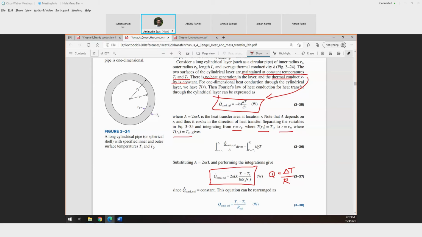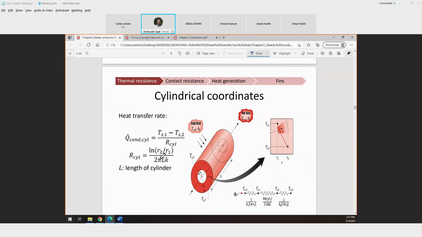The R now is ln(R2 divided by R1) divided by 2 pi L k. So R for the conduction in this case will be ln(R2 divided by R1) divided by 2 pi L k.